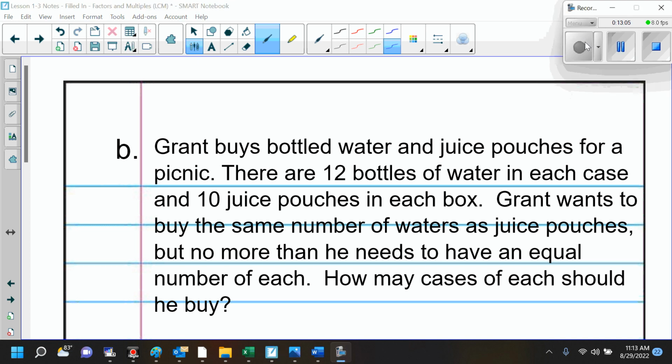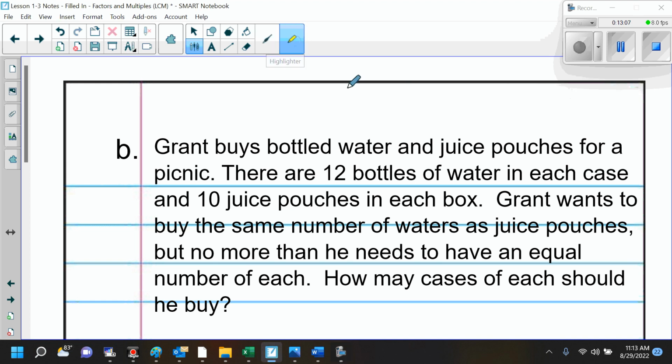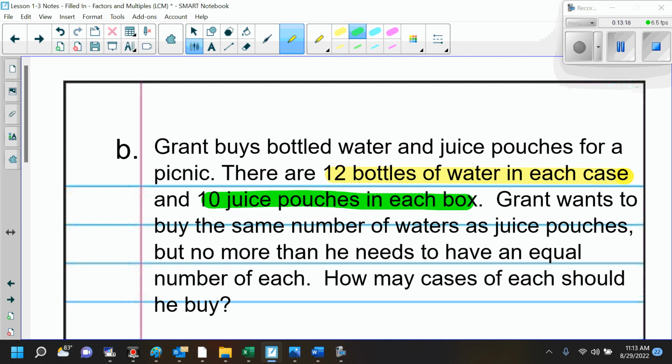So the important information, let's come back together. The important information is that there are 12 bottles of water in each case, and there are 10 juice boxes in each box. Okay?